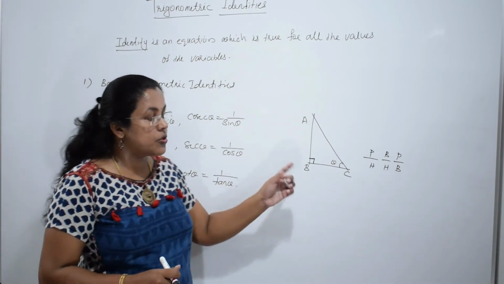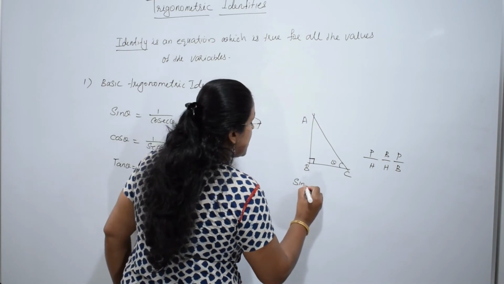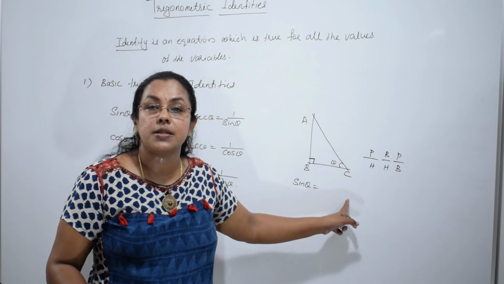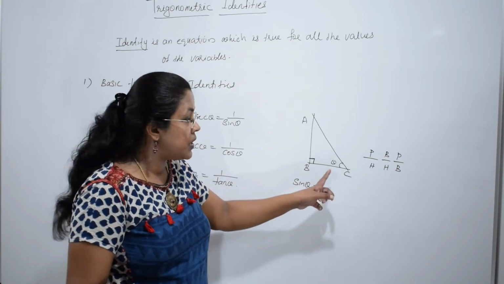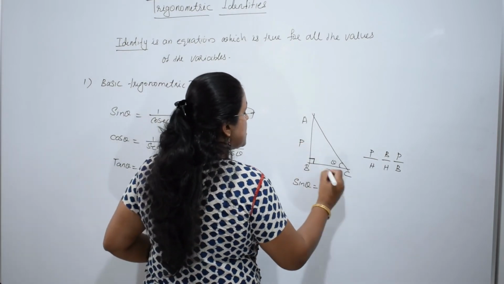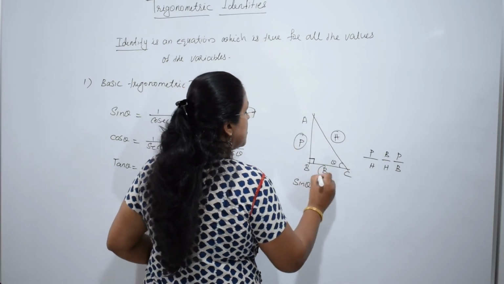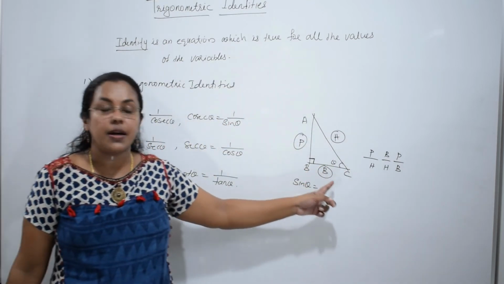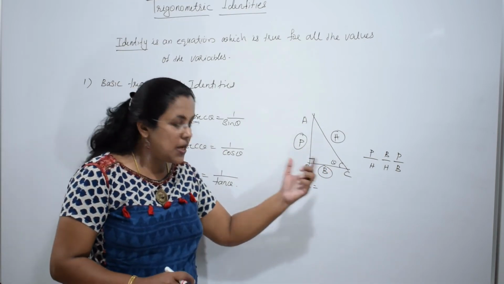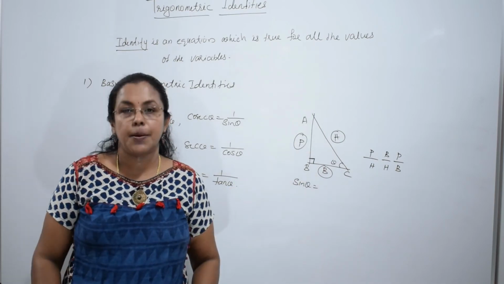With respect to angle C, AB is the perpendicular or opposite side, BC is the base or adjacent side, and AC is the hypotenuse.